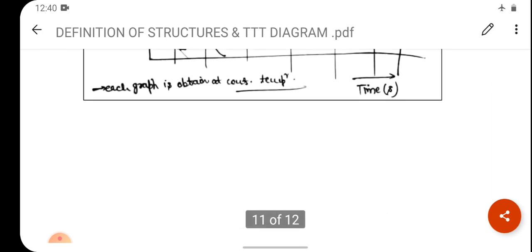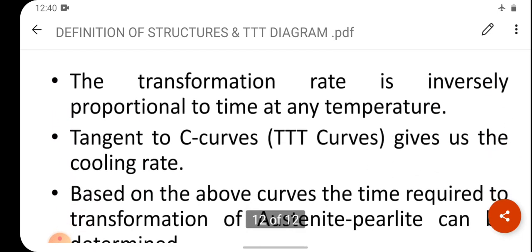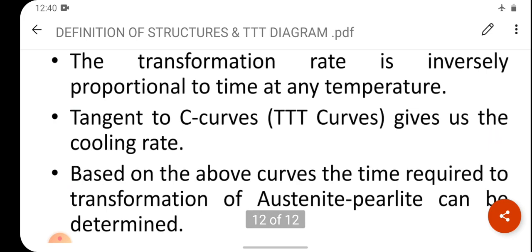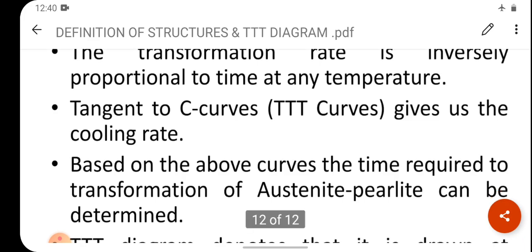Now we'll discuss the last point of today's slide, that is, the transformation rate is inversely proportional to time at any temperature. What is the transformation rate? It is inversely proportional to time at any temperature. Tangent to the C curve, already explained. The C curve is nothing but the TTT curve; it gives us the cooling rate, at what rate cooling has happened.